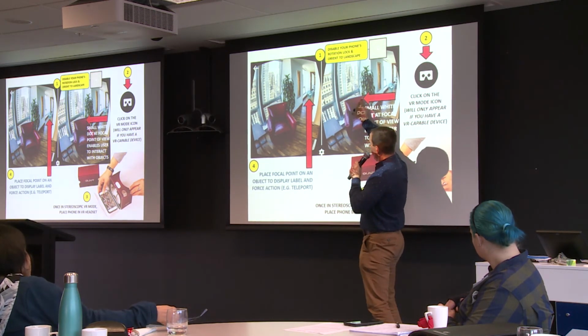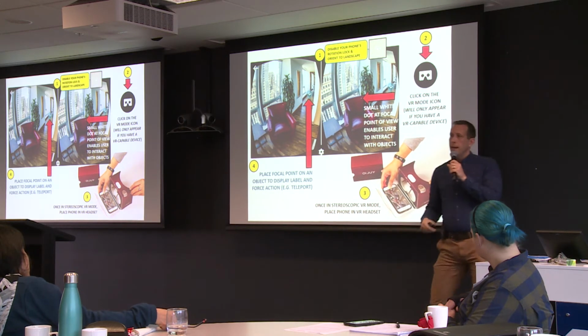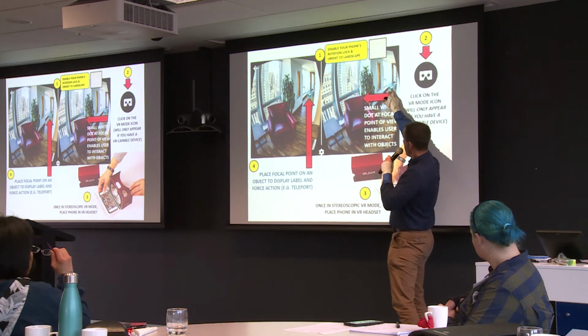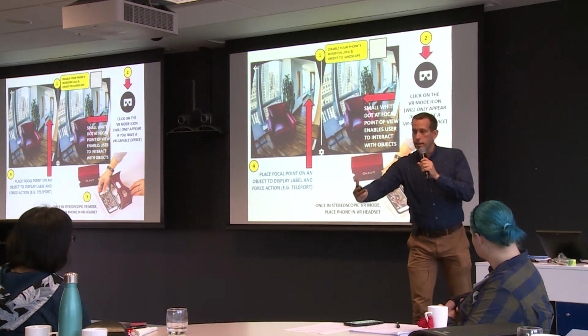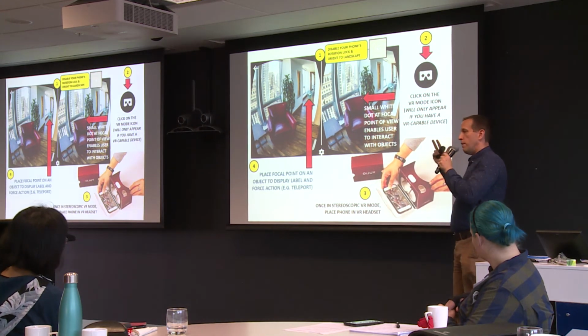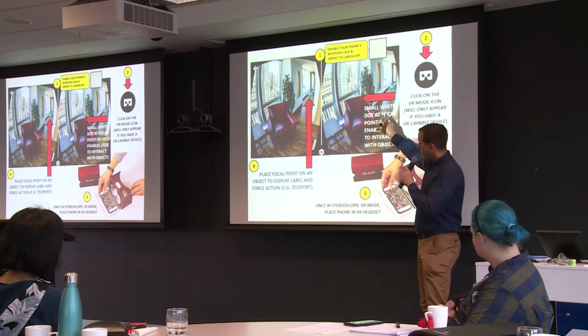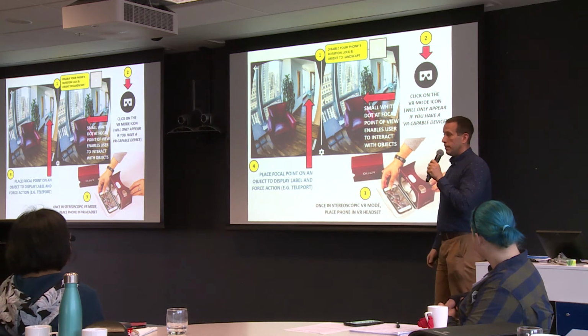There'll be a little tiny white dot, that's your focal point, and then you could use that dot to look around and go onto icons that will take you to the next space, open up a video, open up an image, do other kind of things, and allow you to interact with the 3D environment.